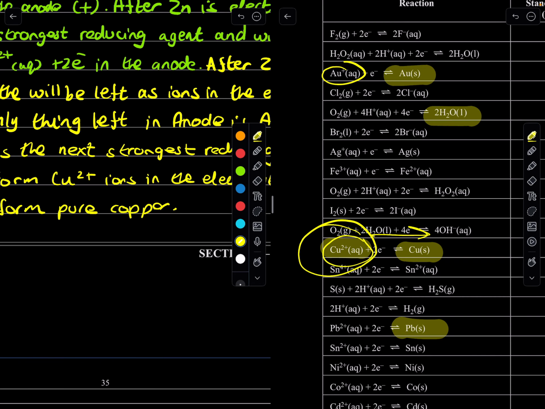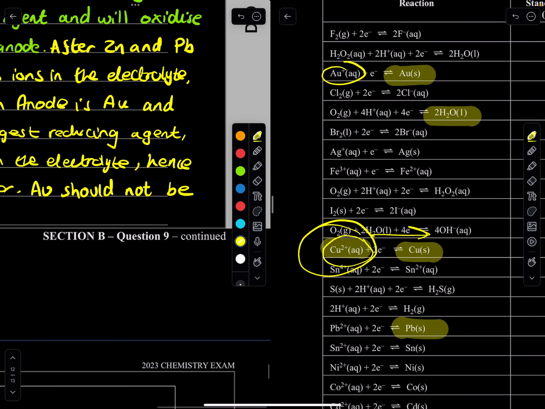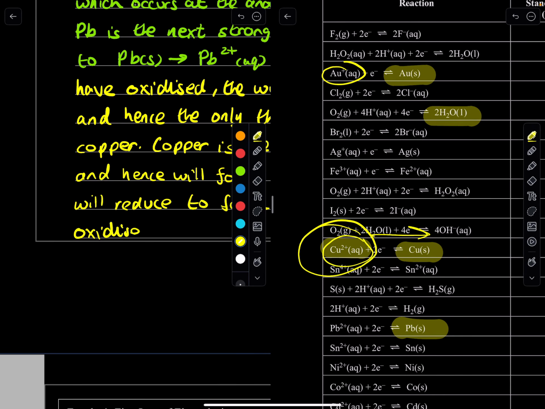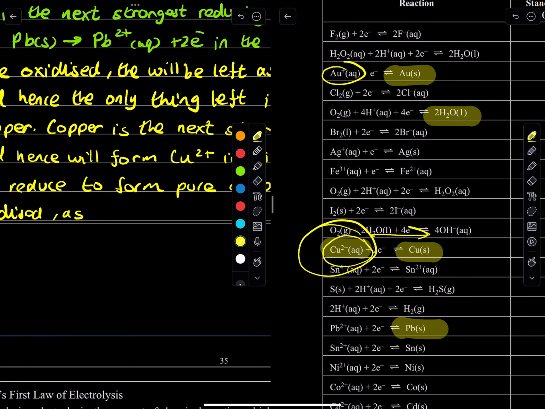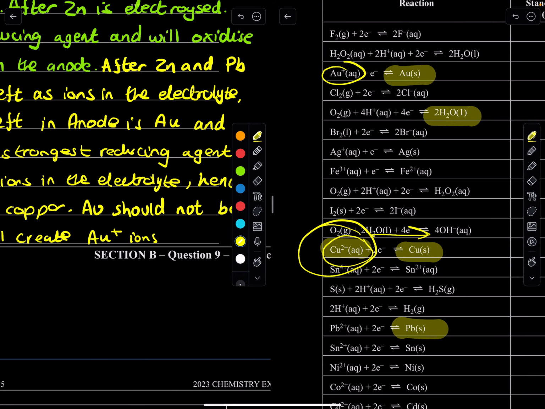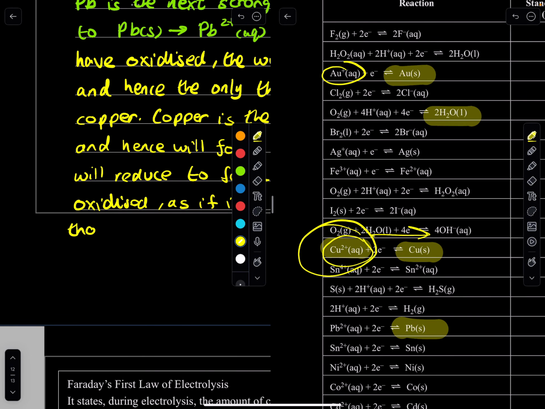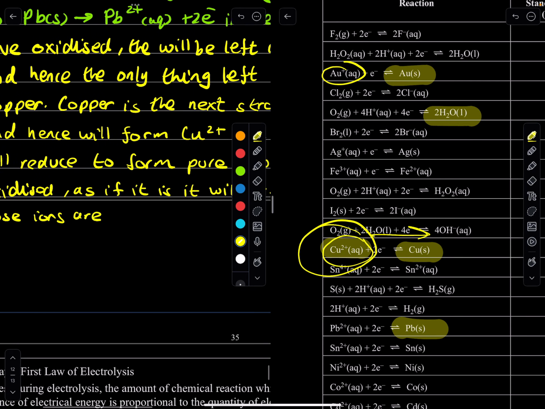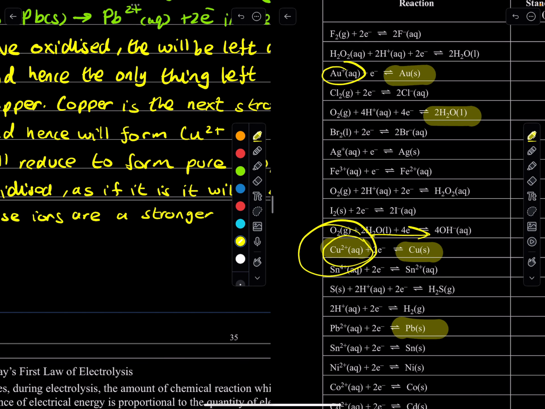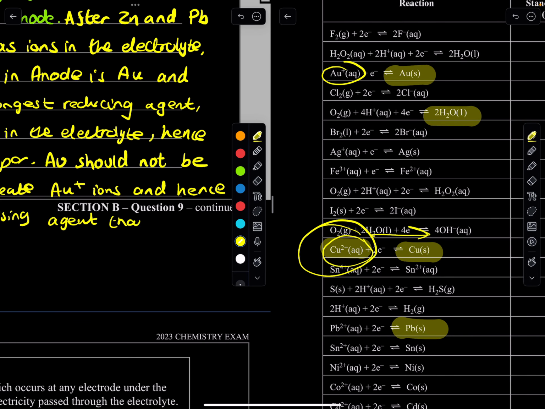So what else do we say? We say Au should not be oxidized, as if it is, it will create Au plus ions, and hence those ions are a stronger oxidizing agent than Cu2 plus.